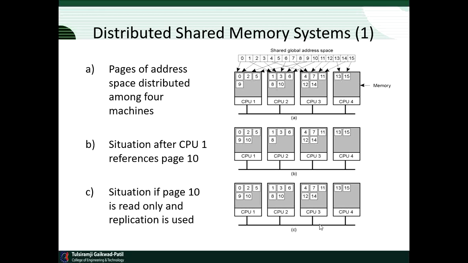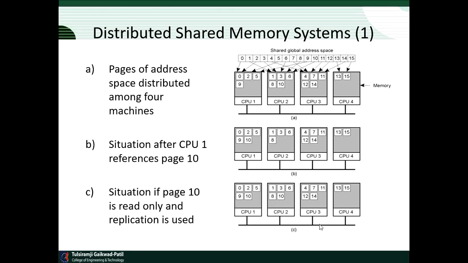in these 4 machines. So each machine is having their own memory, and accordingly that memory is shared among the CPUs. So we can see the shared global address space, that is 0, 1, 2, 3, 4, 5, 6 up to 15.